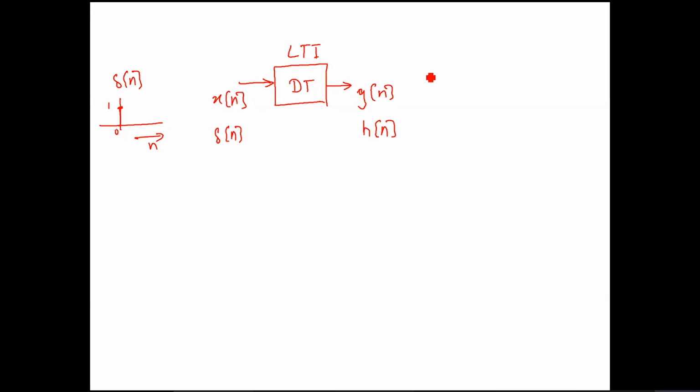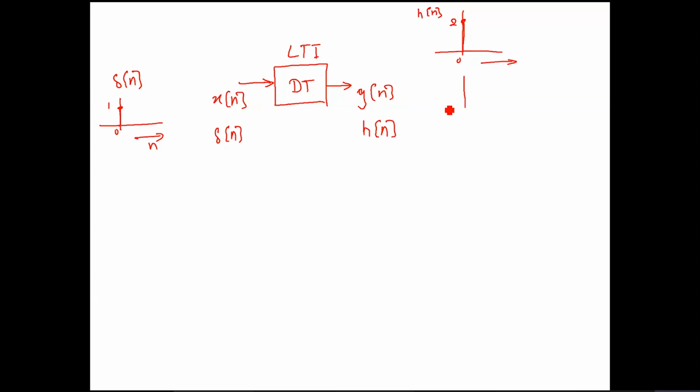So if this single impulse is given, what comes out will depend on what type of system you have. We can have a very simple system where a single impulse comes out just scaled, and this can be your h of n, which is typical for an amplifier system. The scaled version of that impulse comes out, so that is an impulse response.